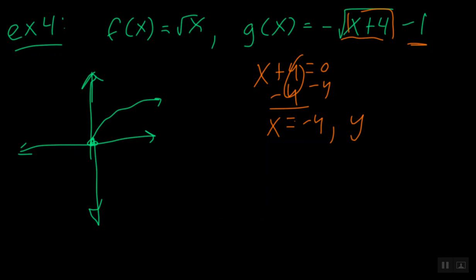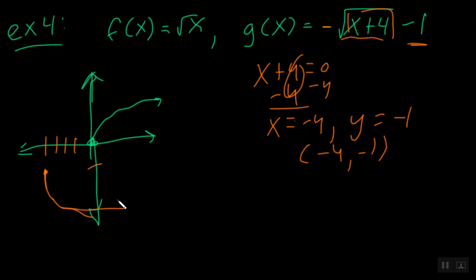I know that my constant on the outside is a negative 1, so my vertex is at (negative 4, negative 1). I also see that there is a negative there. So I can go 1, 2, 3, 4 to the left, down 1, and I know that negative is going to reflect my graph down.